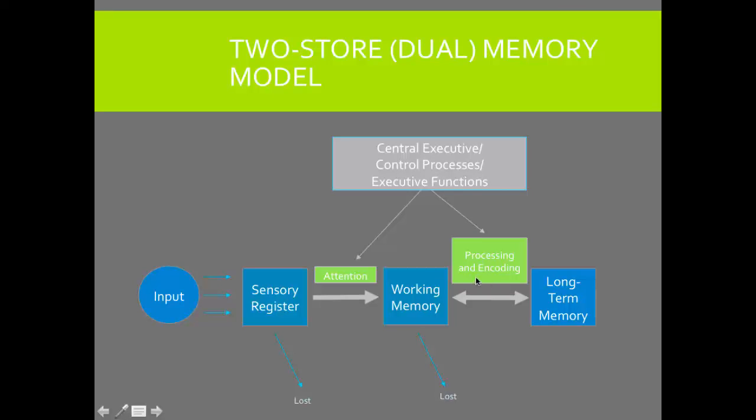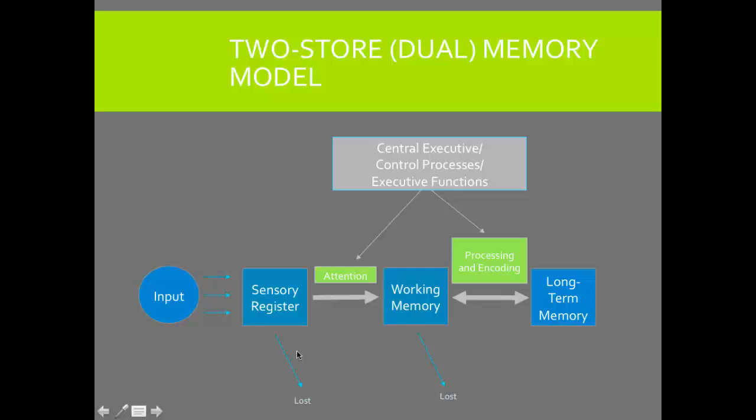And this processing and encoding is the elaboration, the meaningfulness, and the organization that we just talked about. These three things allow us to make a connection between the information in our working memory and existing information in our long-term memory. This connection is what allows us to call up and use the information at a later time.